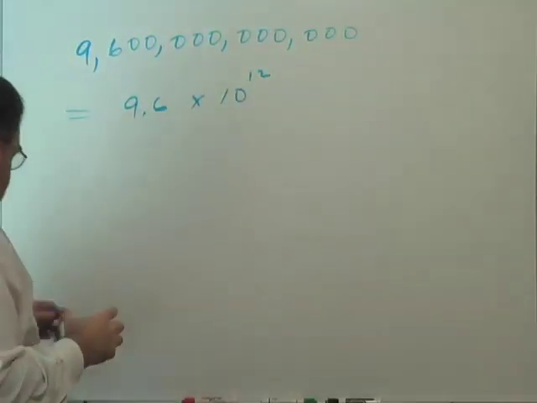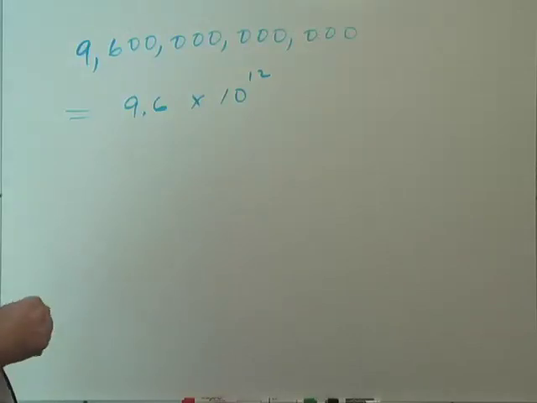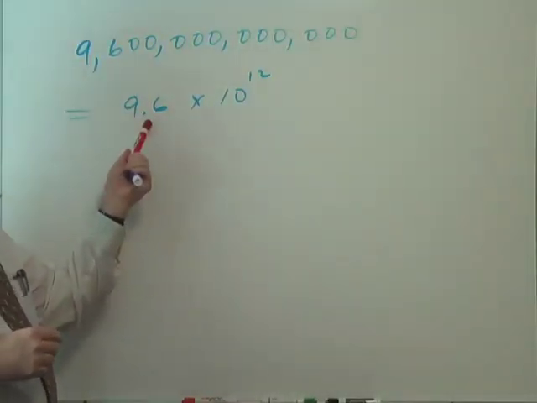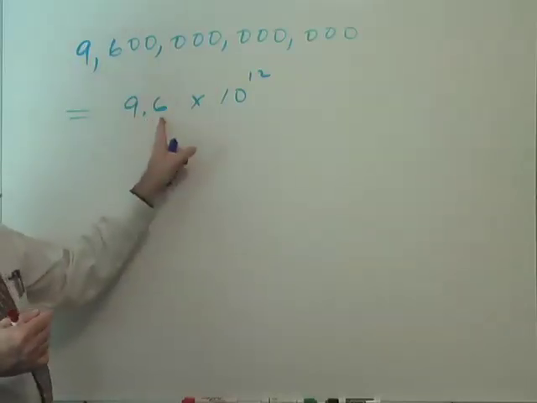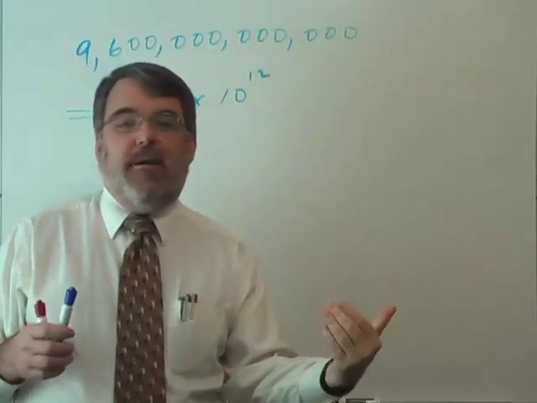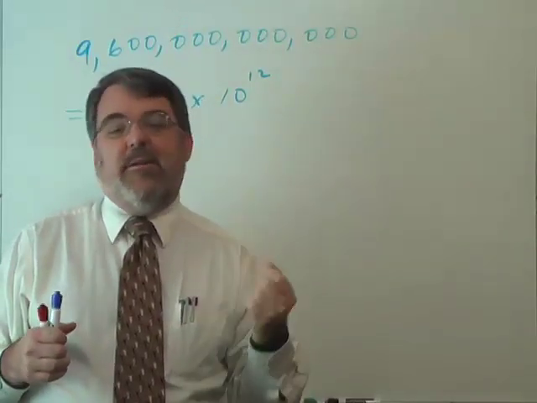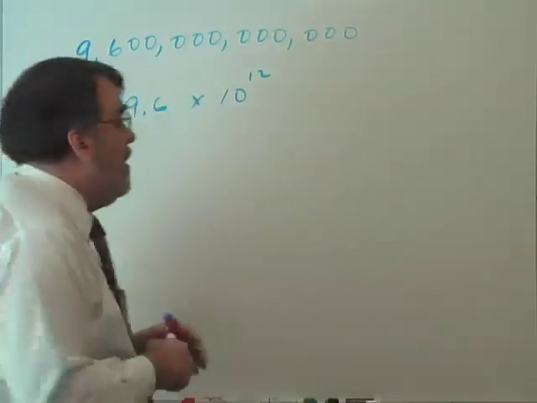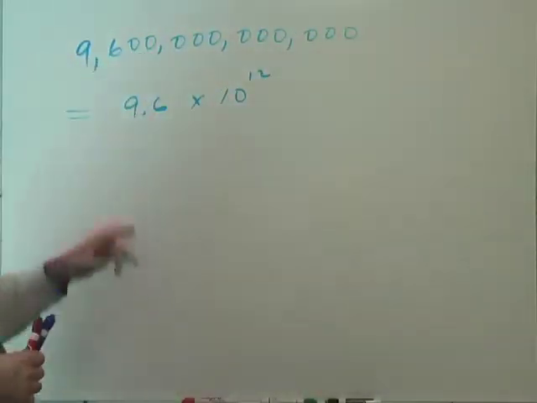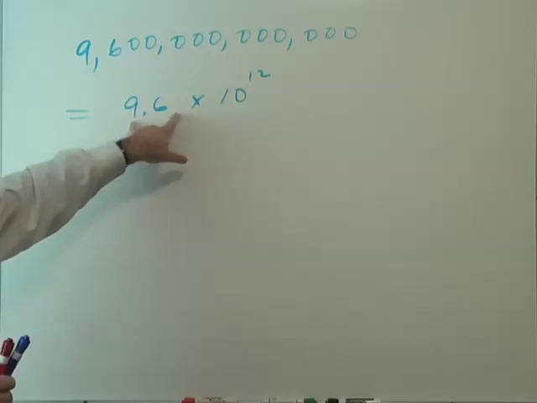So let me explain that. In scientific notation, we always have one digit and then a decimal point. And there may be more digits after the decimal point, depending on how many there are that are significant, or how far we want to round off. You know, if this number had nothing but non-zero stuff in it, then we would probably round it off somewhere.